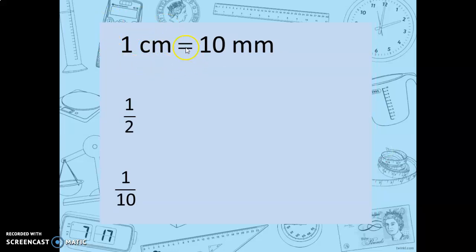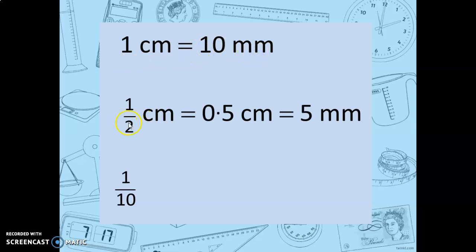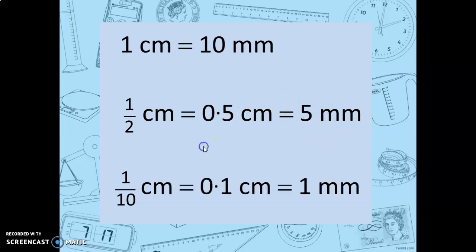We know that 1 centimeter is the same as 10 millimeters. Then half a centimeter can be written as 0.5 centimeters or 5 millimeters. If you multiply 0.5 by 10, you will get 5. Thus 5 millimeters. Again, 1/10 centimeters, the same as 0.1 centimeters, is the same as 1 millimeter.